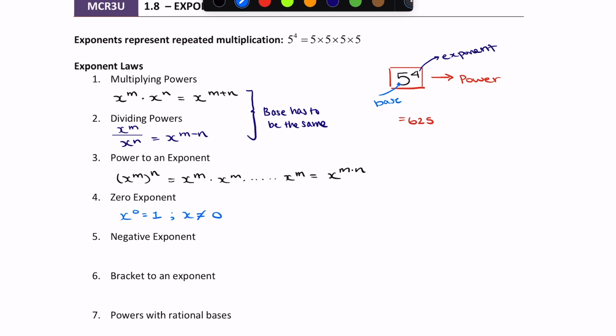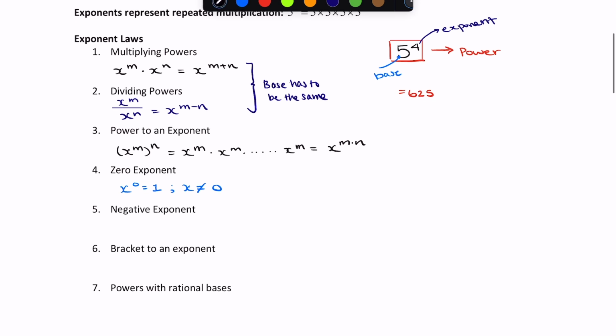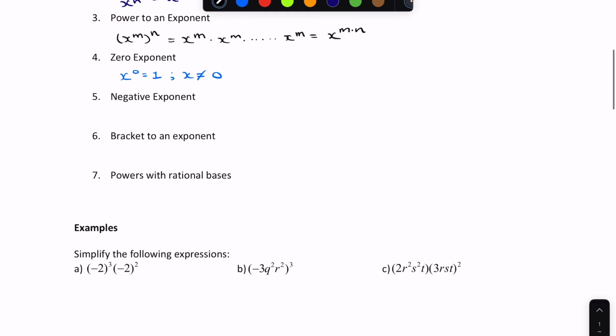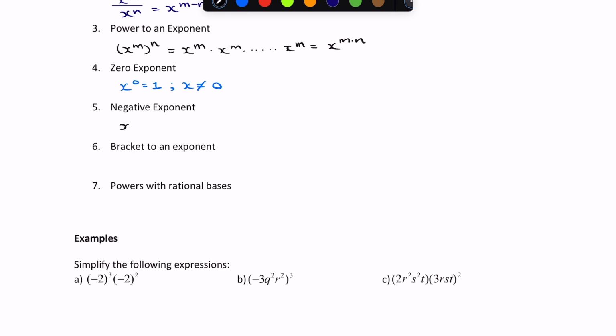If we look at a negative exponent, for example, x to the power of negative m, we can write it as 1 over x to the power of m. So anything that is in the denominator of a fraction can be represented as a negative exponent.